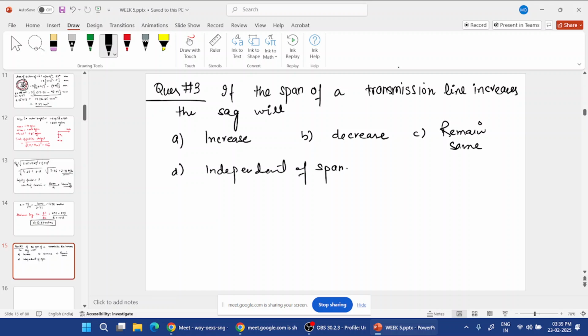So write in the chat box the correct answer for me. What is the correct answer?